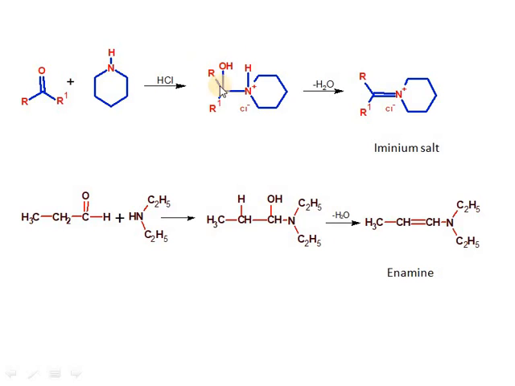The lone pair of nitrogen gives a positive charge here, so the carbon-nitrogen double bond forms. So the name is an iminium salt. This OH and H are removed to form the iminium salt.